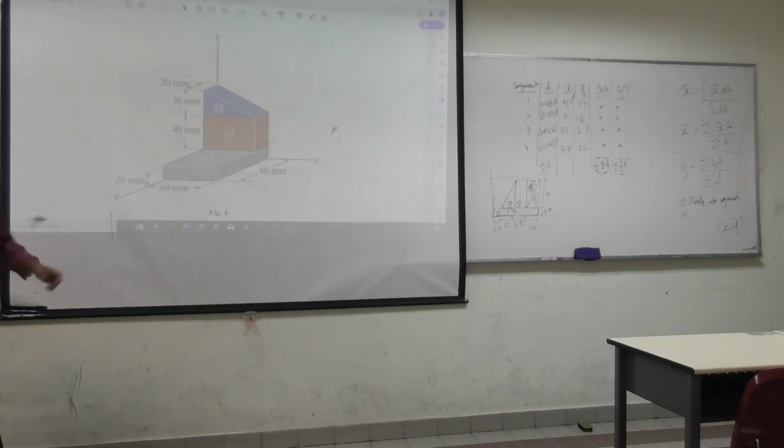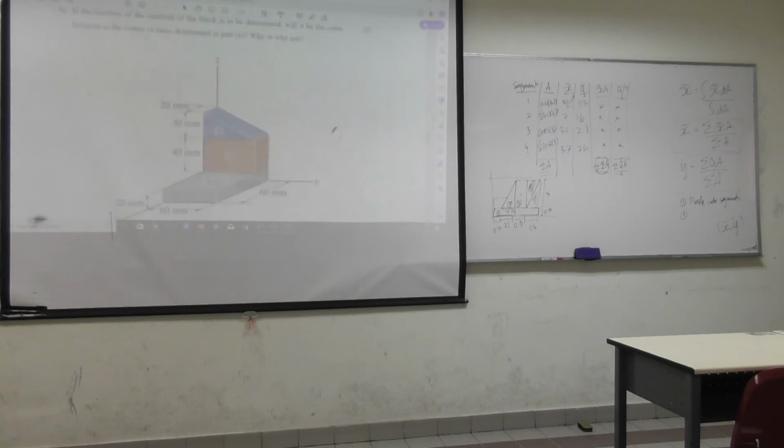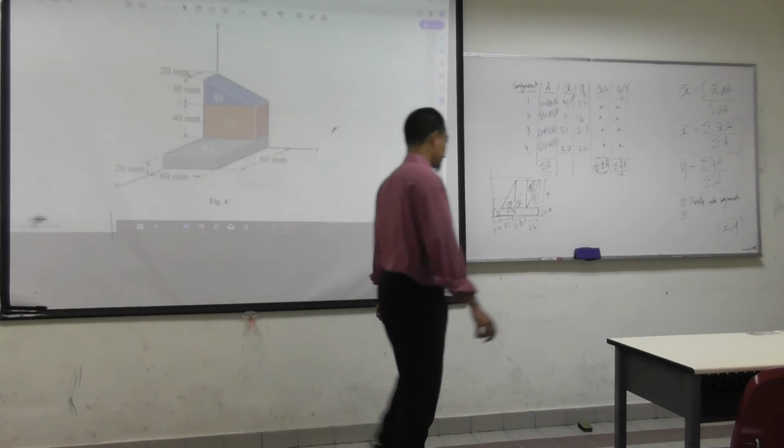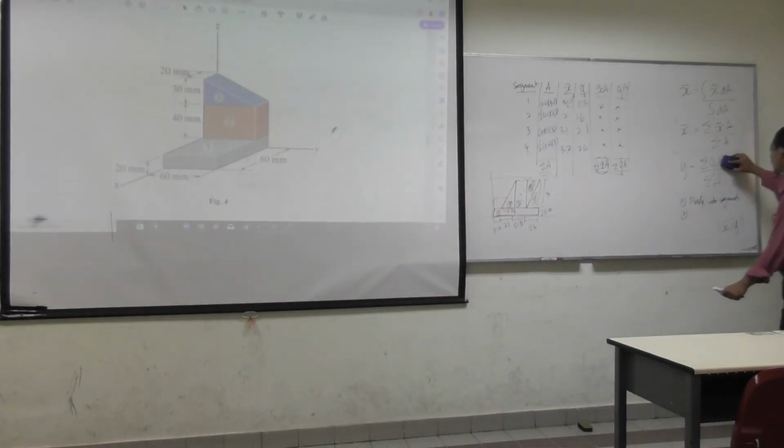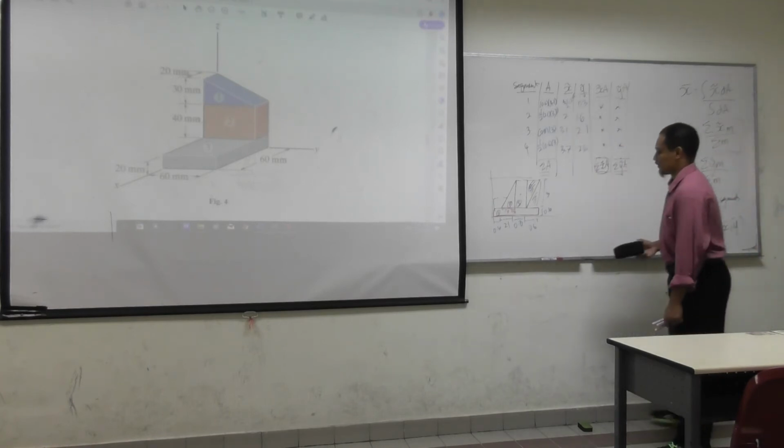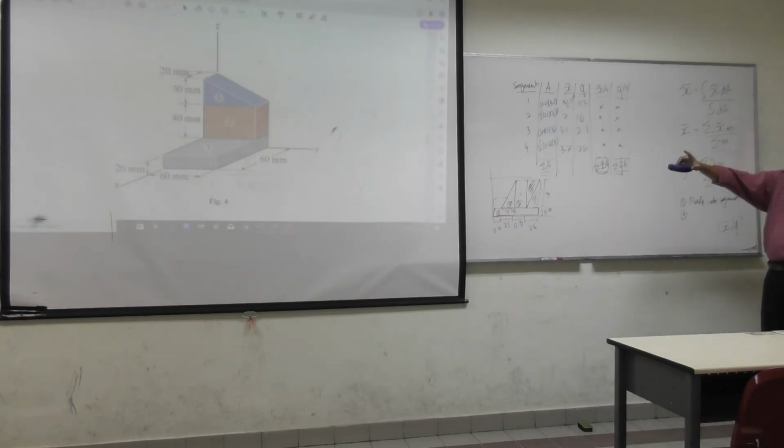So we need to locate center of mass. So what equation do you use? This one will be M, right? Can you use A? Why not? Yeah, the density is not the same, right? It's not homogeneous. Alright, you can try. So meaning that the column here, okay, the implication here is that you have X, Y, Z. So you have more column.